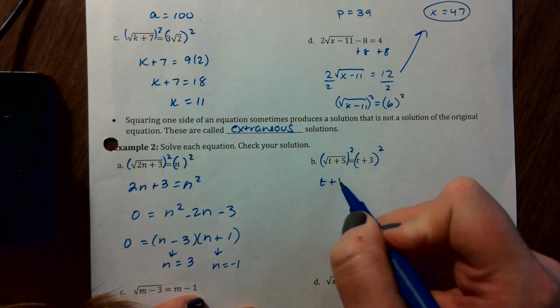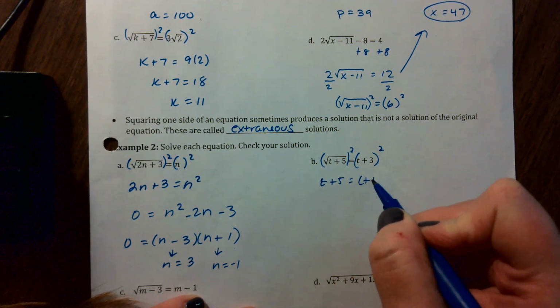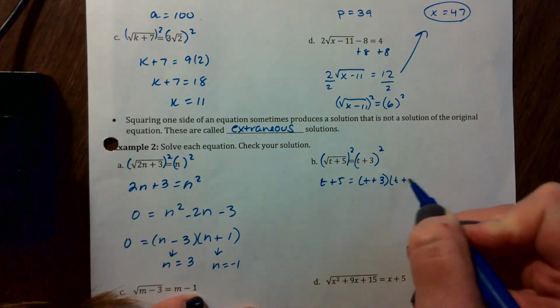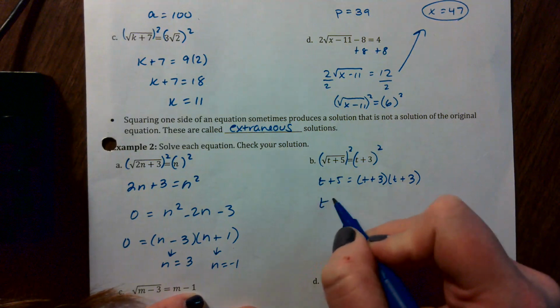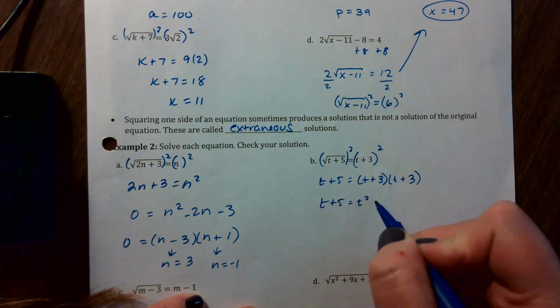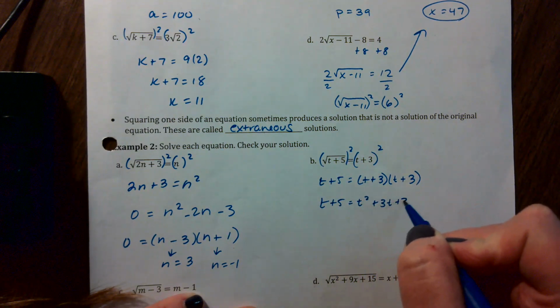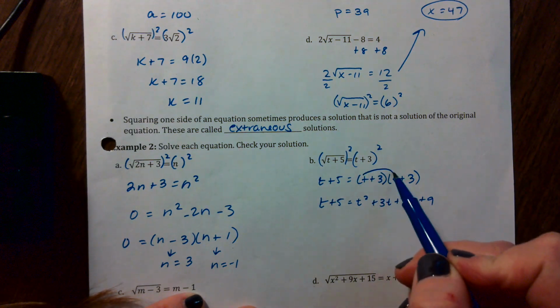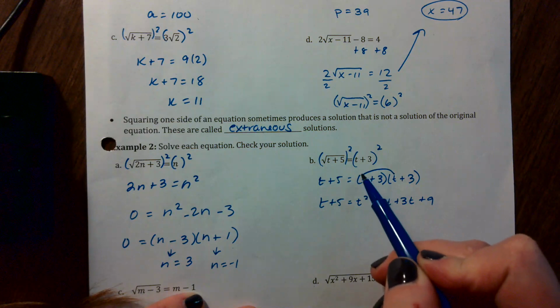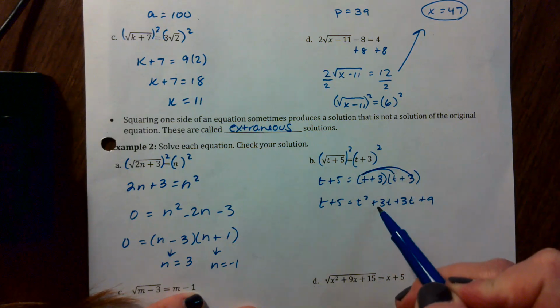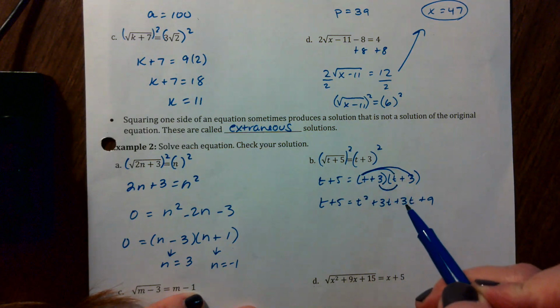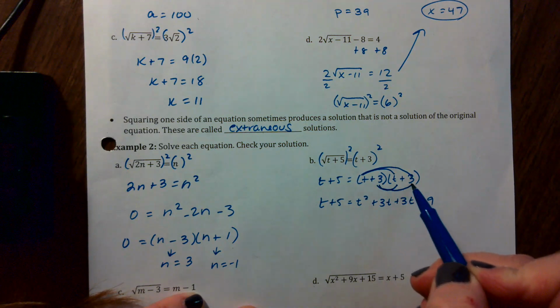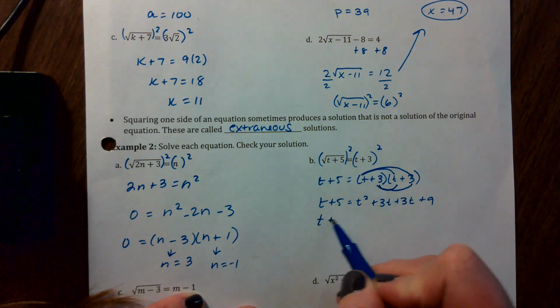Is cancel each other out. T times t is t squared. T times 3 is 3t. 3 times t is 3t. 3 times 3 is 9.